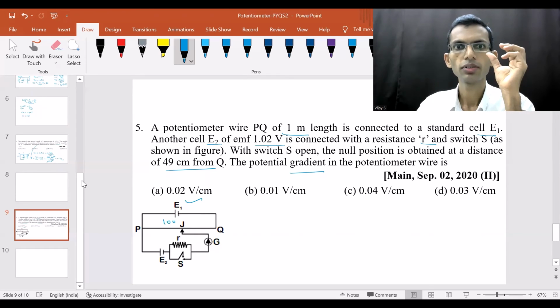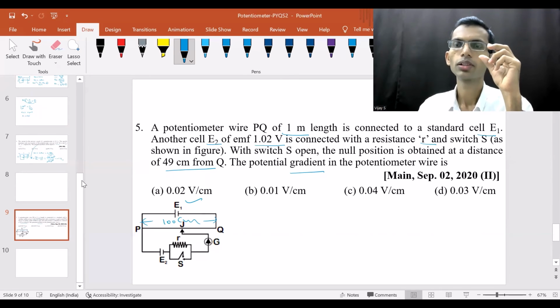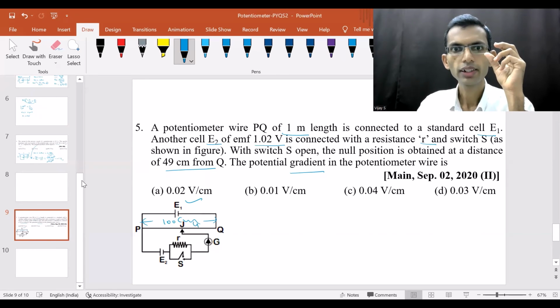The wire length is 1 meter, which means 100 centimeter. In the sub-circuit, a cell E2 of EMF 1.02 is connected with a resistance and switch like this. With switch S open, the null point is obtained at a distance of 49 centimeter from Q. 49 from Q means 51 from P because the total is 100 centimeter.